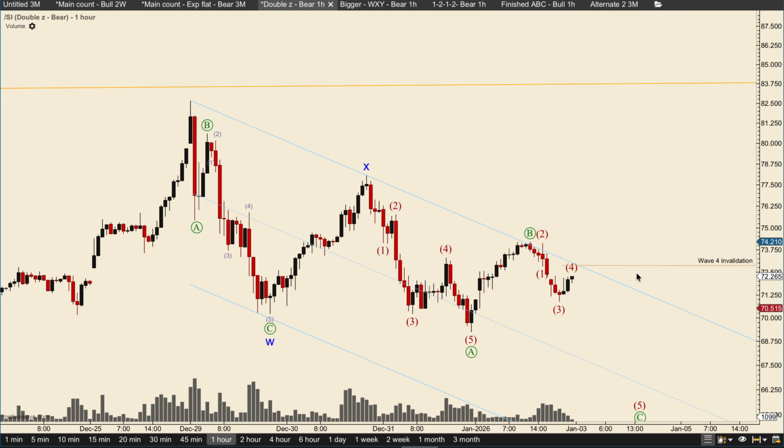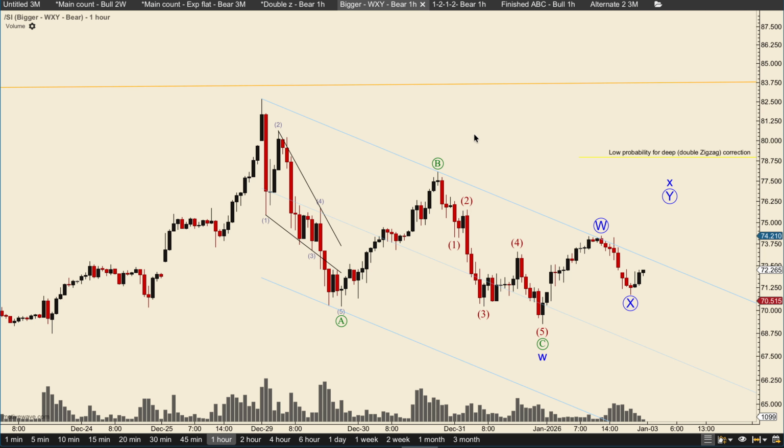The invalidation for this 1, 2, 3, 4 is this at 72.88. That means we are hitting 61.8, which is a very uncommon target for wave 4. It's not a hard invalidation, it's a soft invalidation, but I tend to use it as an invalidation.